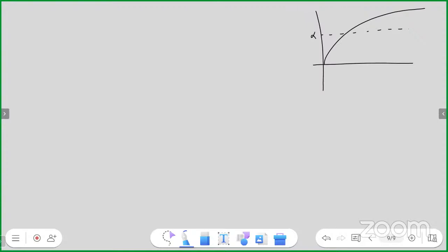Say two straight lines. This is hardly convex, right? But quasi-convex, because once it crosses a level, whatever remains is below it.